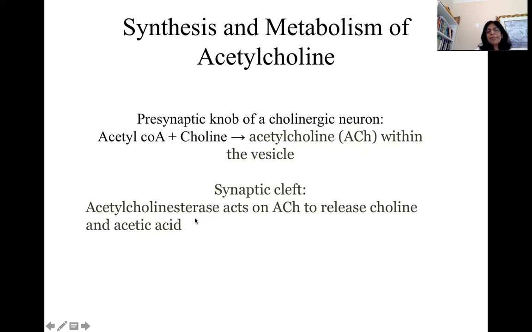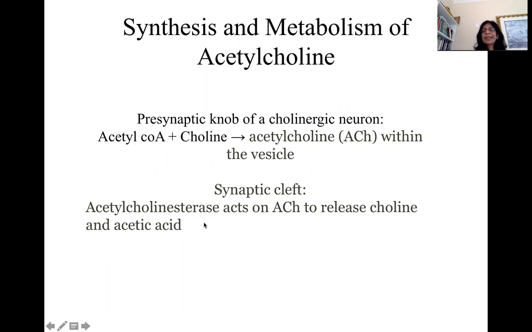The enzyme basically splits acetylcholine into choline and acetyl-CoA, which are recycled to synthesize new acetylcholine.